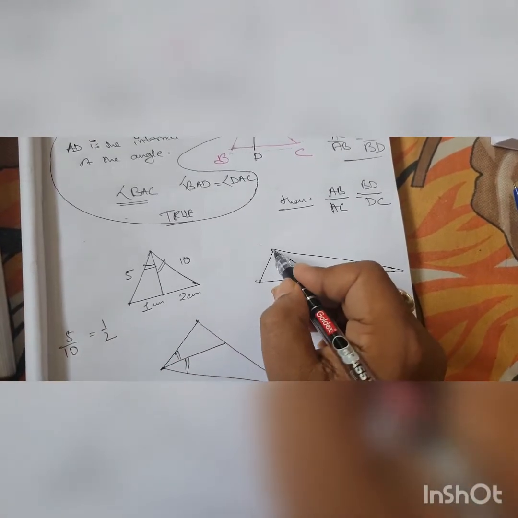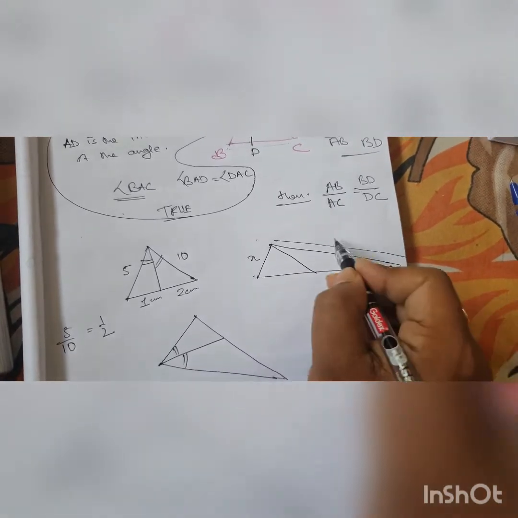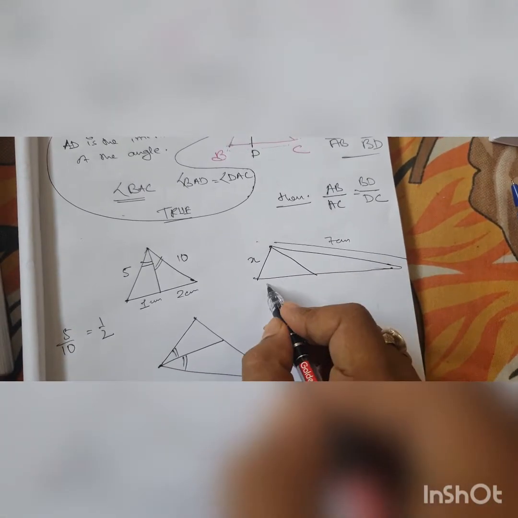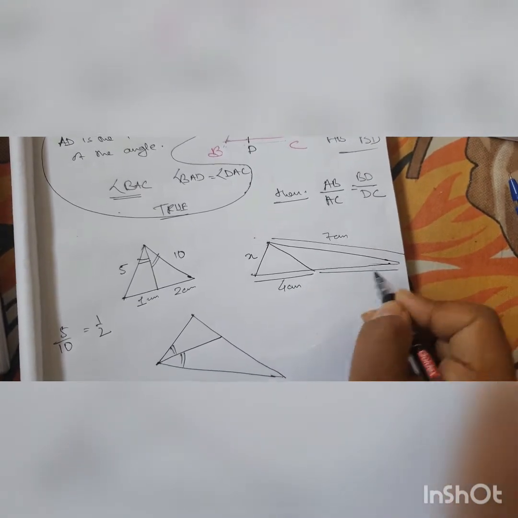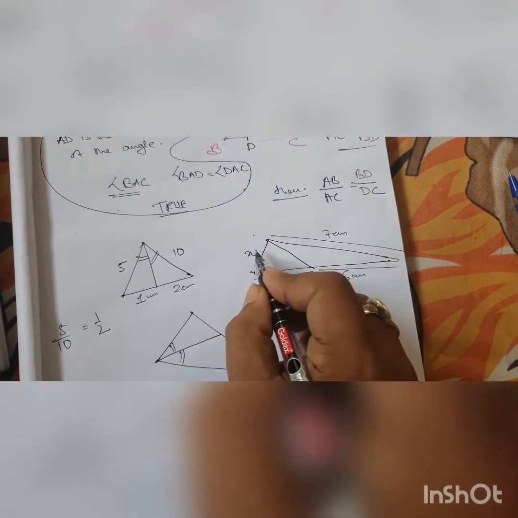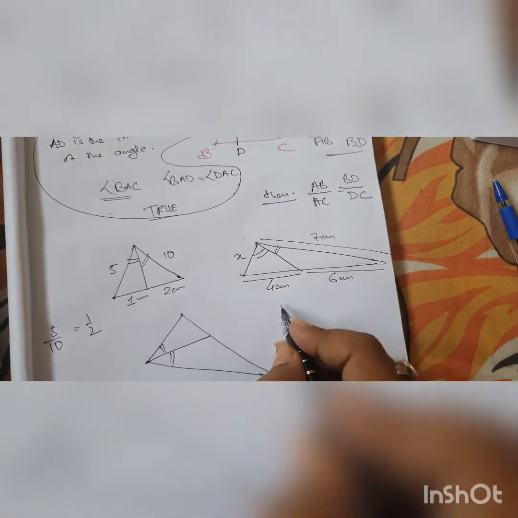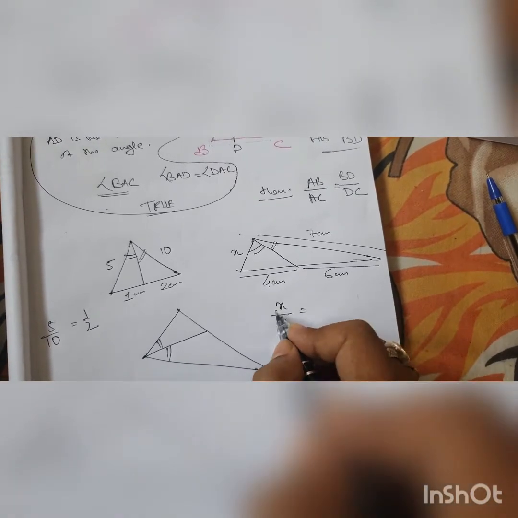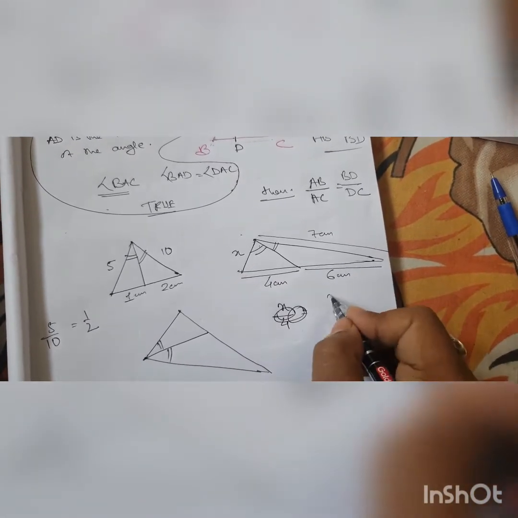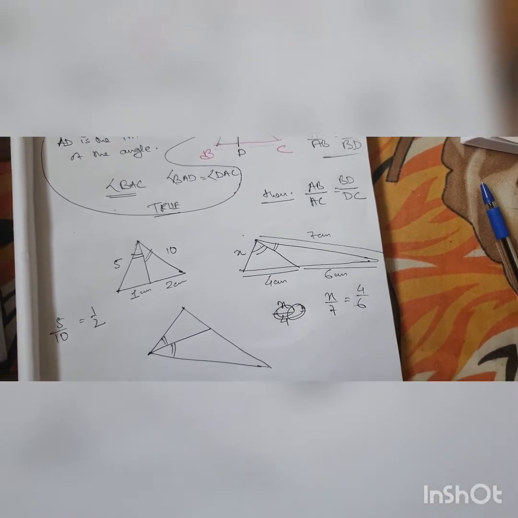If this is given x centimeter, this is given 7 centimeter, this is given 4 centimeter, this is given 6 centimeter, then we can find x by doing this way. If this is the bisector, then x by 7 must be equal to 4 by 6.